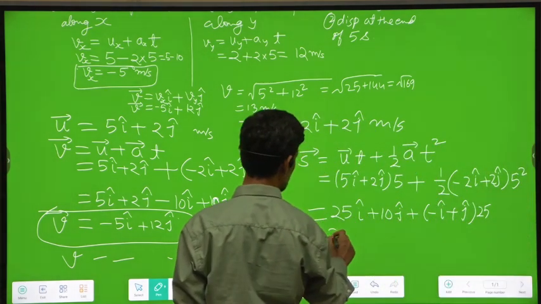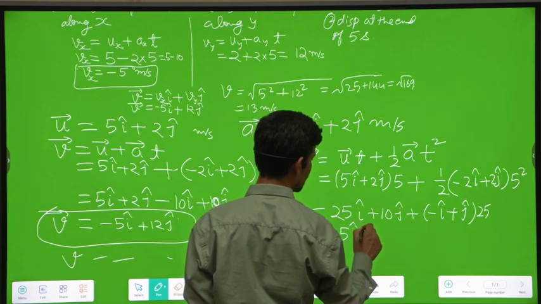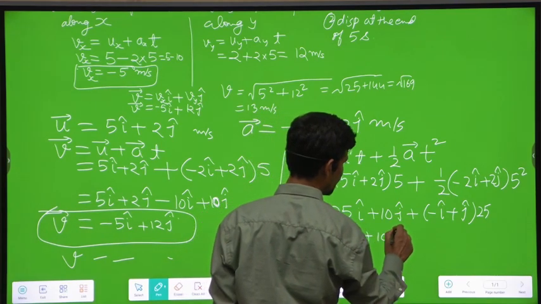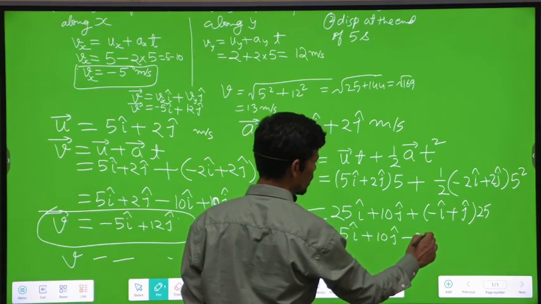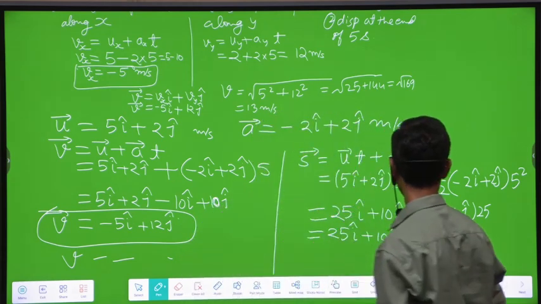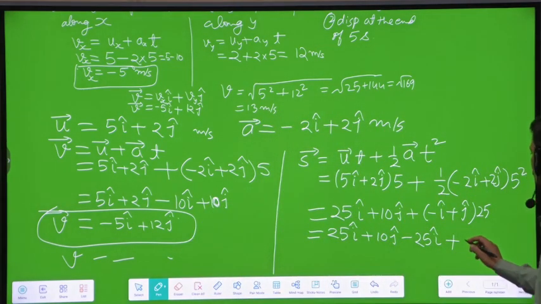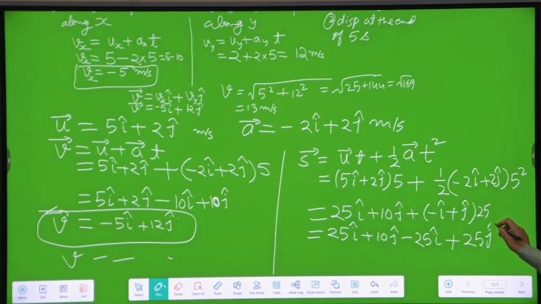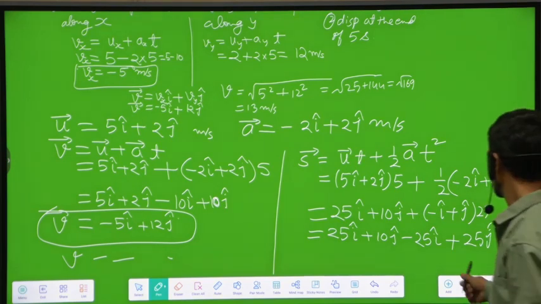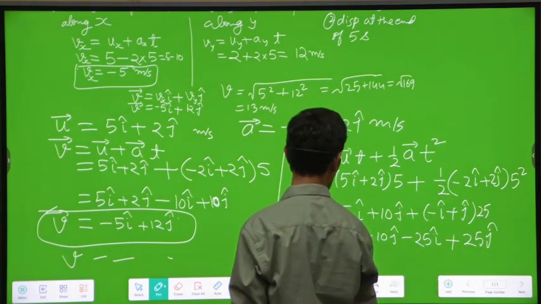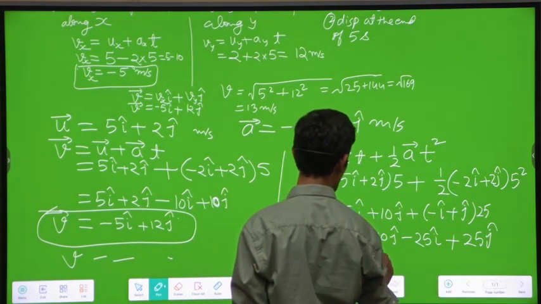So finally it is 25 i cap plus 10 j cap minus 25 i cap plus 25 j cap. Okay, so finally it is 35 j cap.